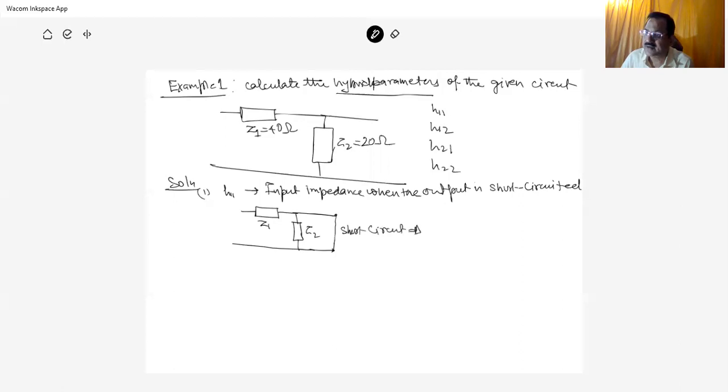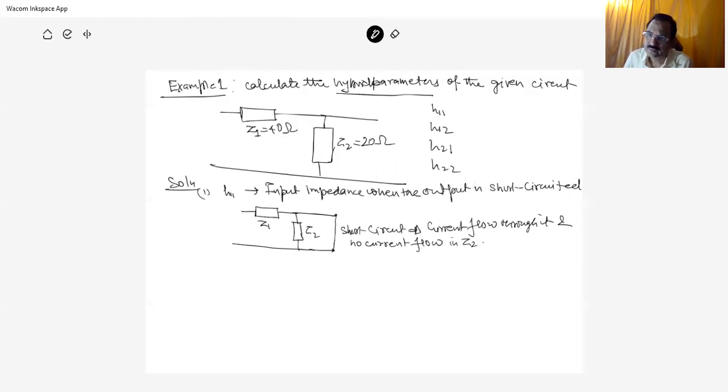Short circuit means current flows through it, and no current flows in Z2.